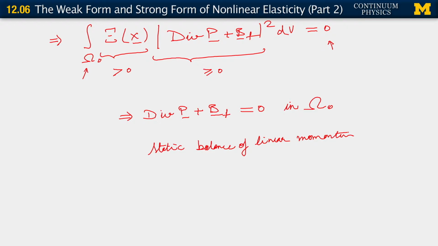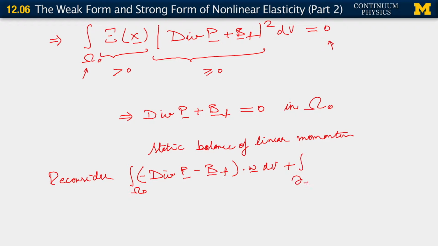Now, we can do things differently. Reconsider the full integral form, which is integral over omega naught minus divergence of P minus BF dotted with W dV plus integral over the traction boundary Pn minus T dotted with W dA.